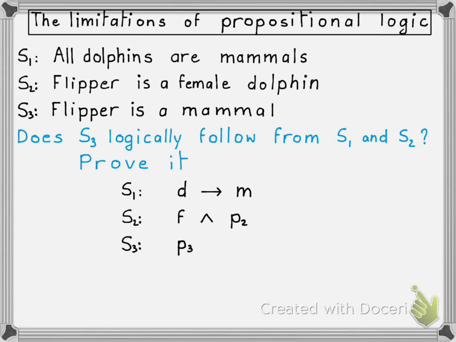And then to make S1 true, an easy way is to make D false. So now that we have S1 and S2 true, it's very easy to make S3 false. Just assign the truth value of false to P3. And the truth value of M doesn't even matter in this case.